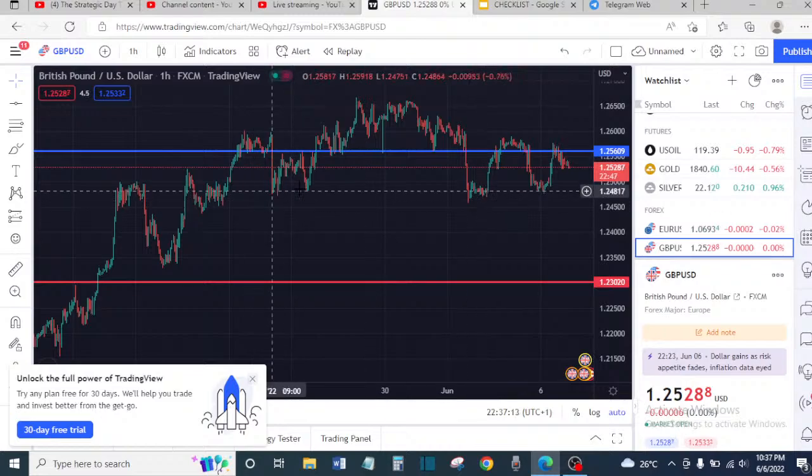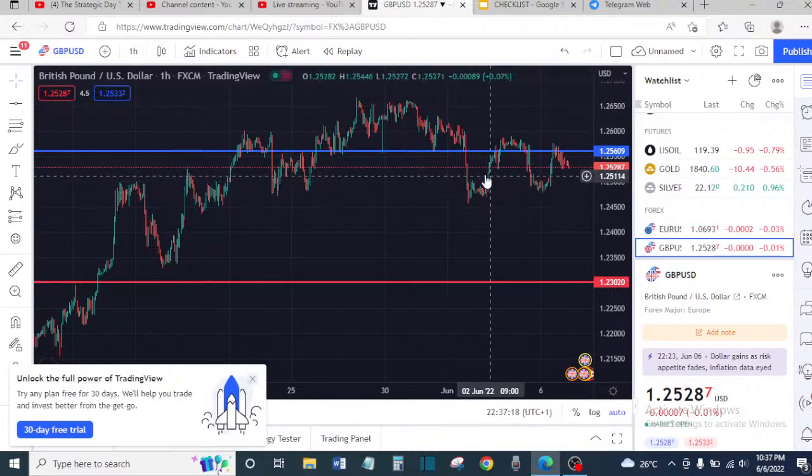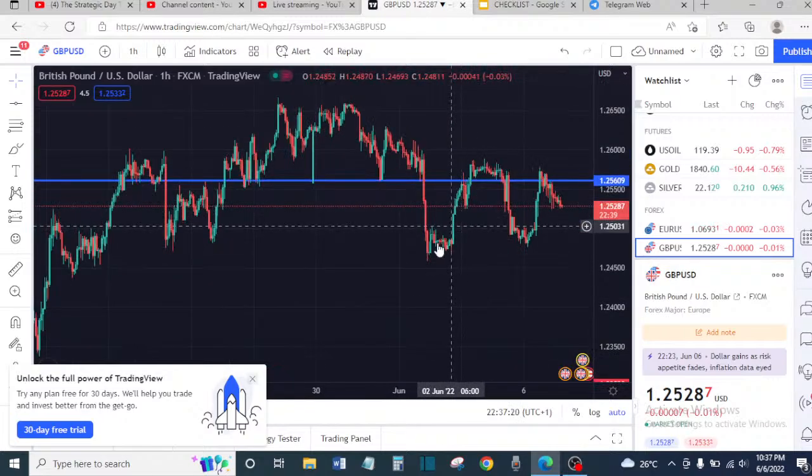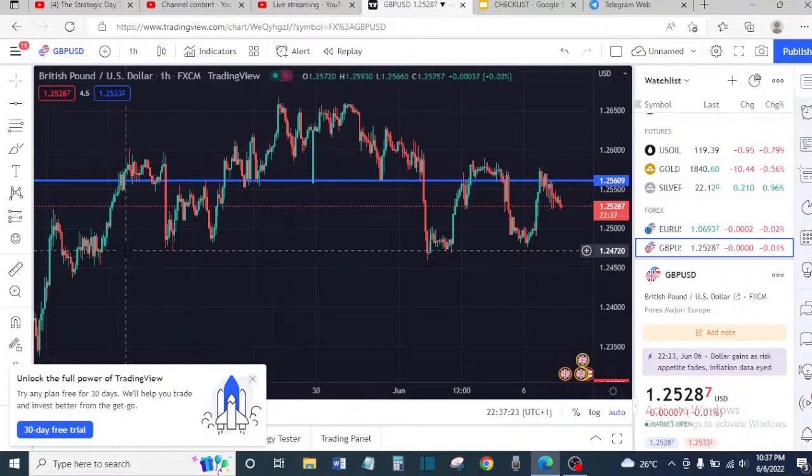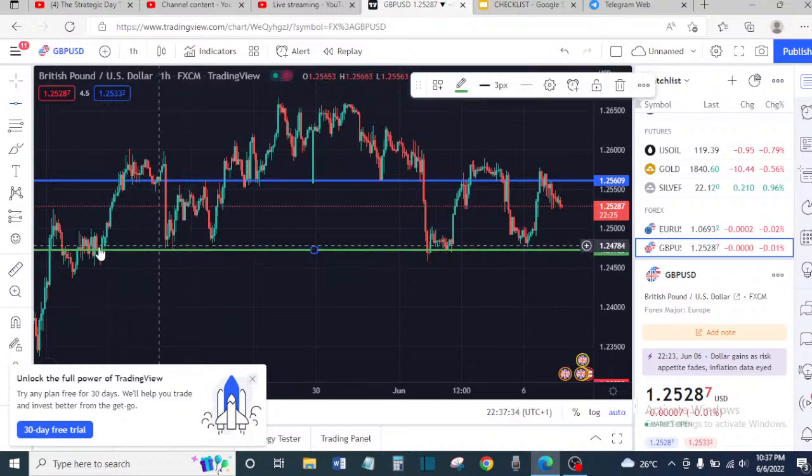You can see here a base was formed. Why did price even move here? You can see a base formed here, and this was a base here, and it was taken out. Once you see the base, that's the support, and it was taken out using this, and that was the reason why they had this.